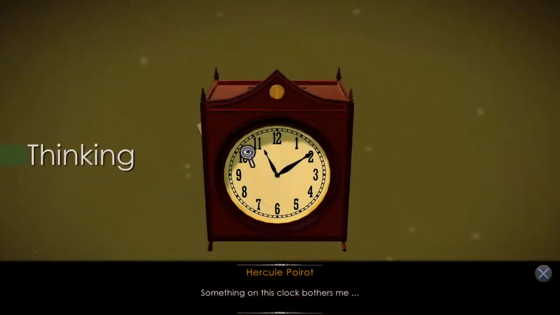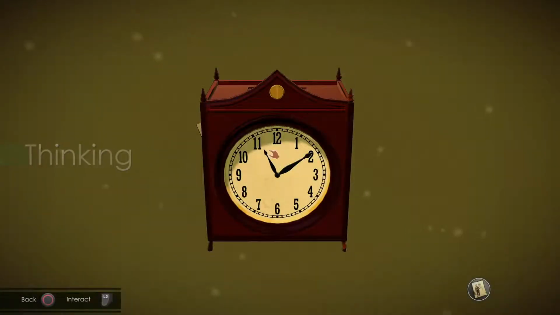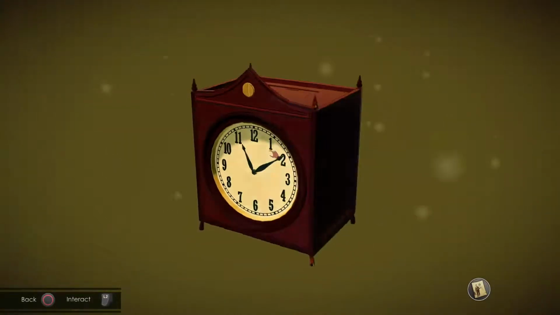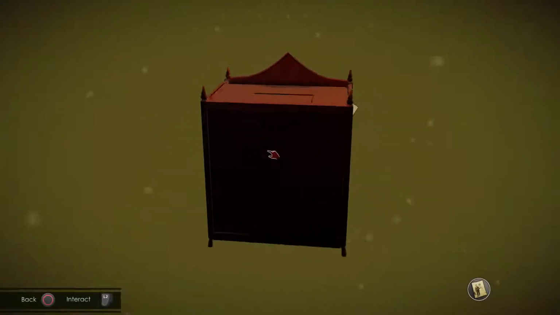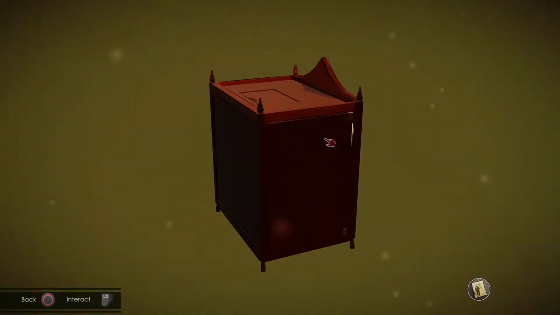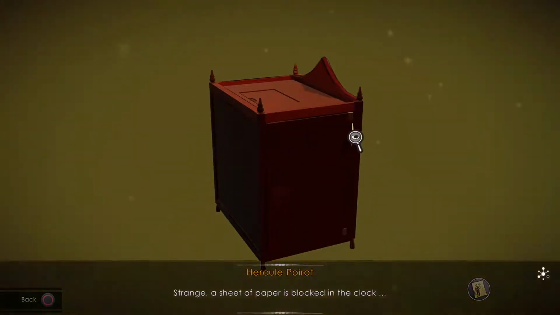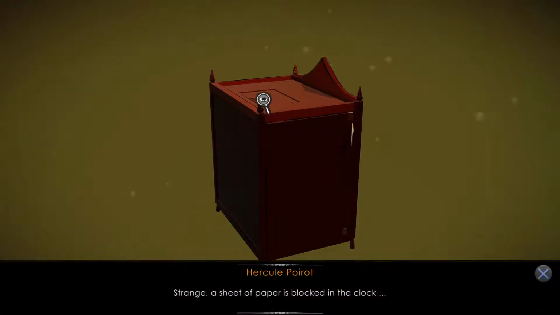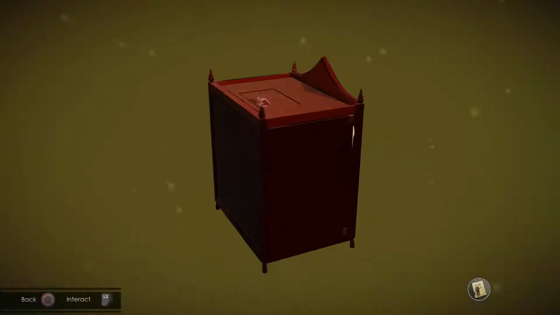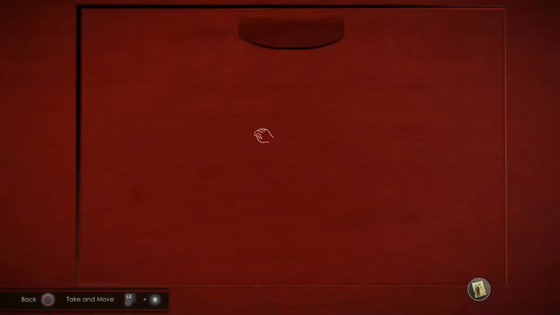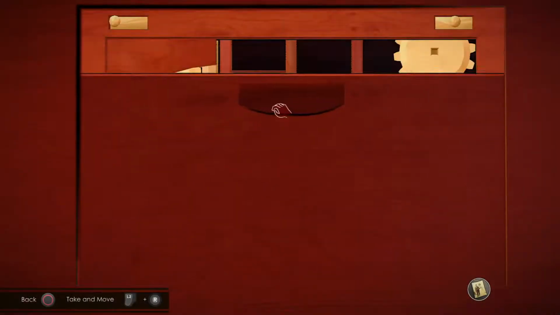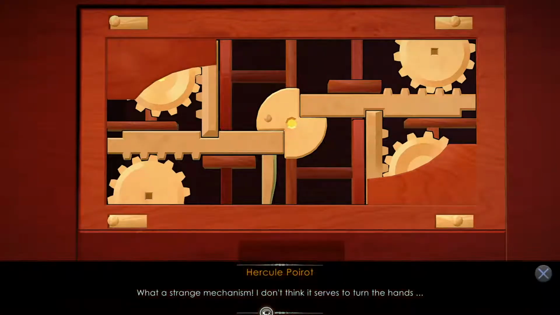Something on this clock bothers me. All right. I see you're familiar with the Blue Waffle, Robert. Strange. A sheet of paper is blocked in the clock. What a strange mechanism.